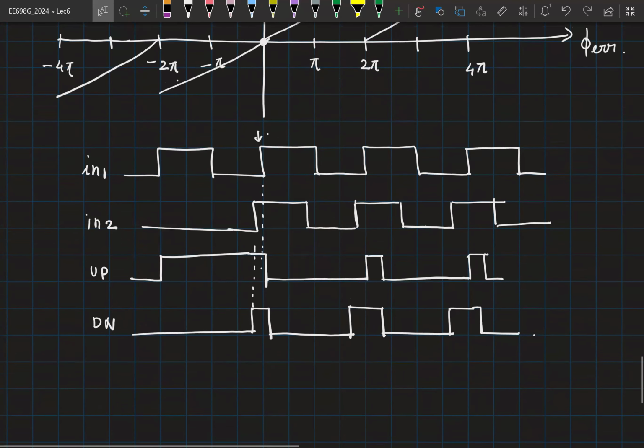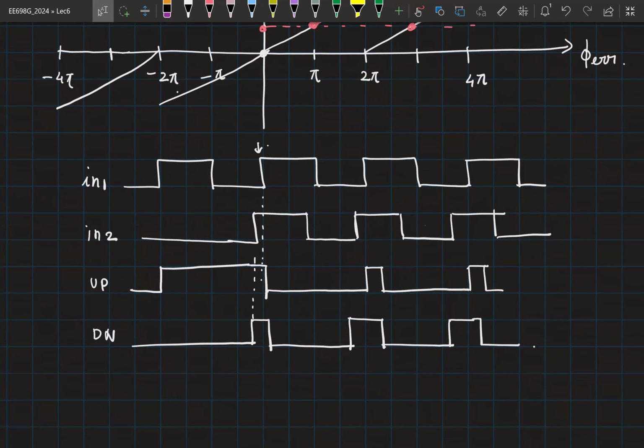Okay. So is the waveform for the first up and down clear, right? So now they have come down, right? And we have completely missed this rising edge of up. So now where will up signal go high again? Corresponding to this edge. So up has gone high here. Down has gone high here, right?